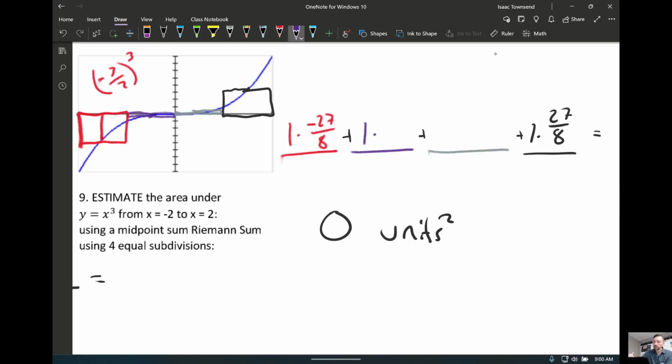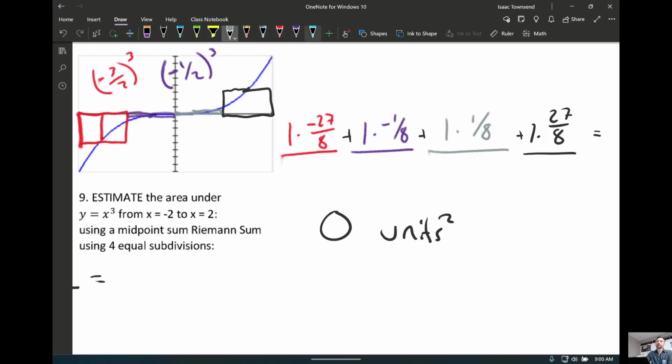This would be 1 by, let's see, if I plug in negative 1/2 and cube it, that would be negative 1/8. And then this has the exact same dimensions, so I can cheat a little bit and reuse that.